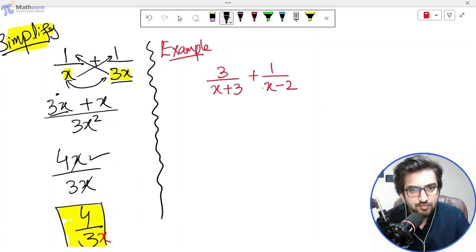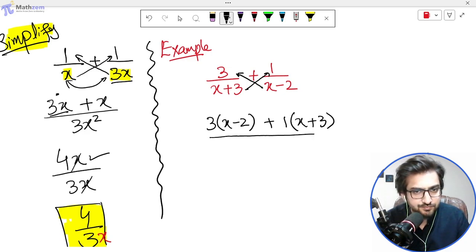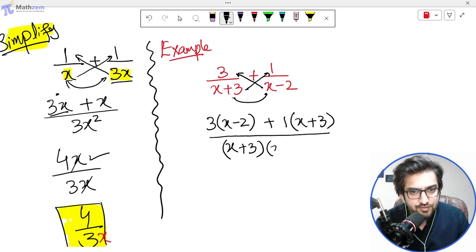So again, do cross multiplication, multiply that with the numerator and multiply this with that. So it will become 3x minus 2 plus 1x plus 3 divide by, multiply these two together and write that in the denominator. So it will become x plus 3 and x minus 2.